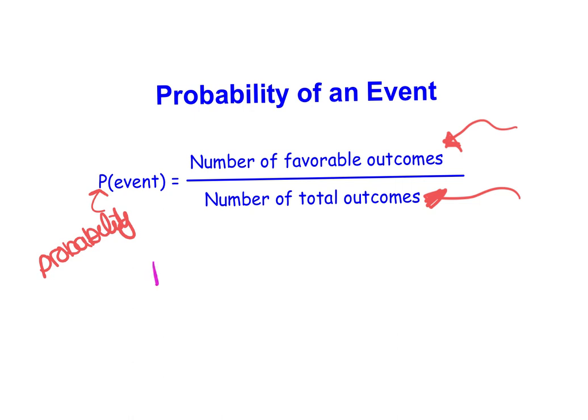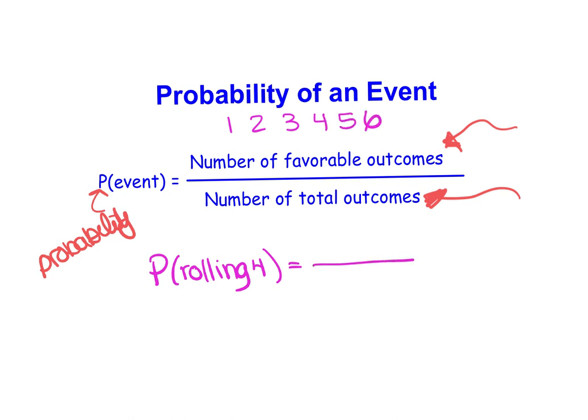Now, the easiest way to actually practice this is to do a couple of examples. So, for example, say we wanted to find the probability of rolling a 4 on a normal six-sided dice. When we roll, we know that the possible outcomes are 1, 2, 3, 4, 5, and 6. So the number of favorable outcomes are any that make our event true, which would be simply 4. As a result, because there's only one outcome that makes this true, our number of favorable outcomes would be 1.